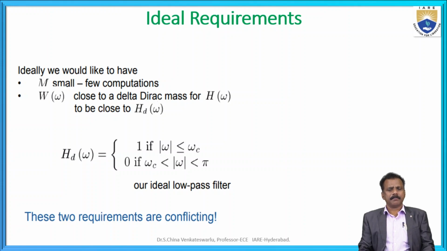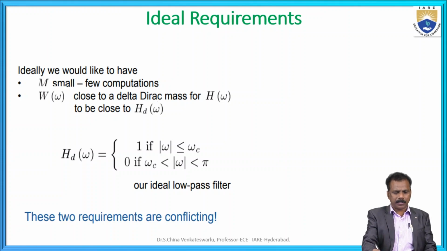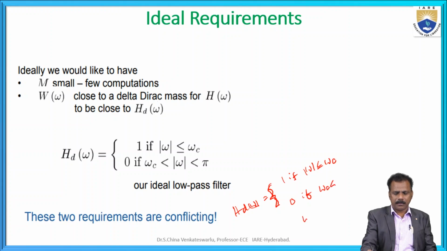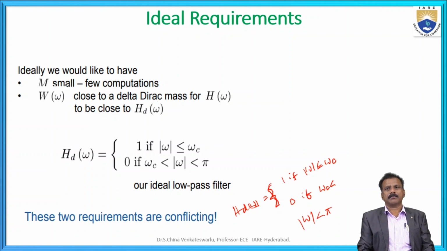Here S_D of omega is equal to 1 if mod omega is less than or equal to omega c, and 0 if omega c is less than or equal to mod omega less than or equal to pi. This is our ideal low pass filter.